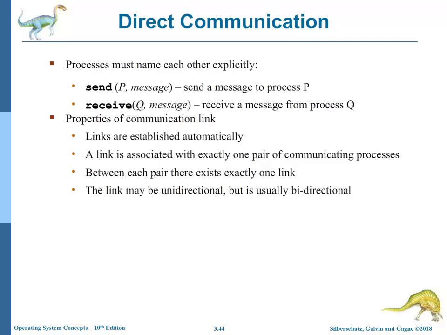Links are established automatically. A link is associated with exactly one pair of communicating processes. Between each pair, there exists exactly one link. The link may be unidirectional, but it is usually bidirectional.